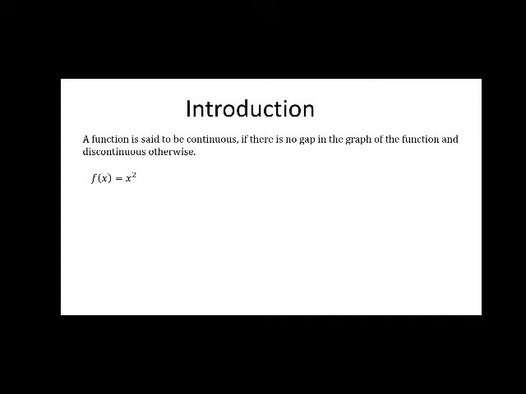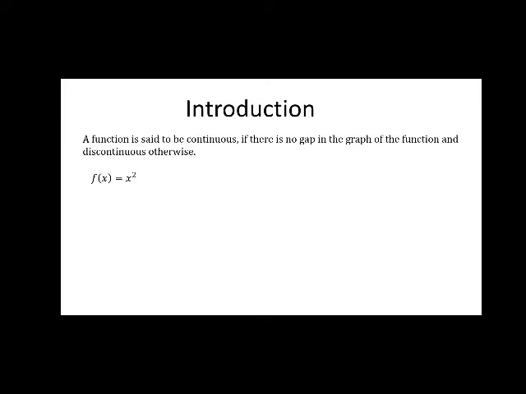How to understand there is a gap? Whenever for some value of x there is no value for the function, say there is a value of x for which f(x) does not exist, or a value of x for which the function gives an infinite value, not a finite value, those points are considered to be a gap or a break.